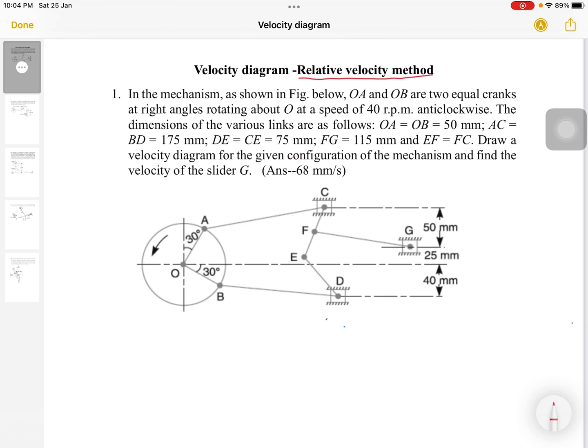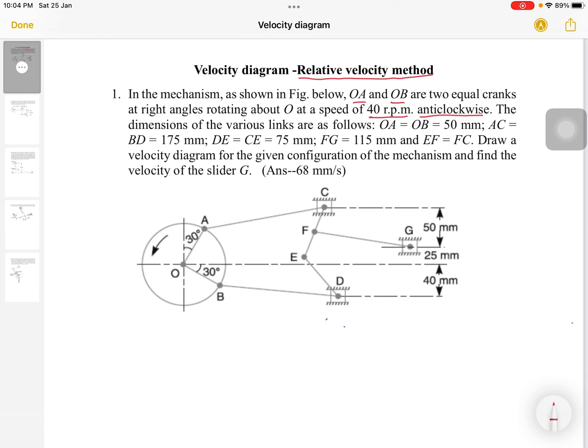In this problem there are two cranks, OA and OB, which are of equal length and at a right angle to each other, and they are rotating at 40 rpm in a counterclockwise manner. The dimensions of each link are given in the question.